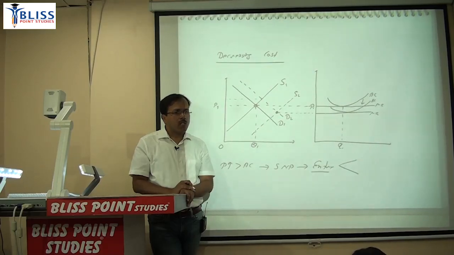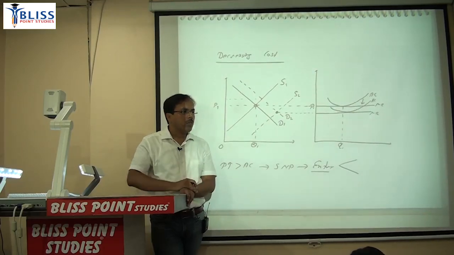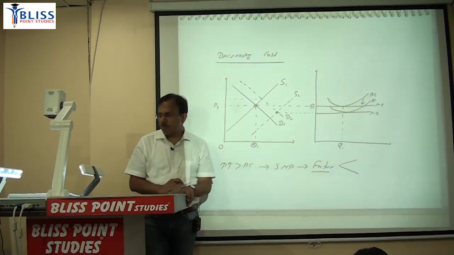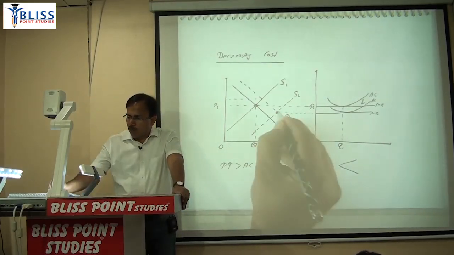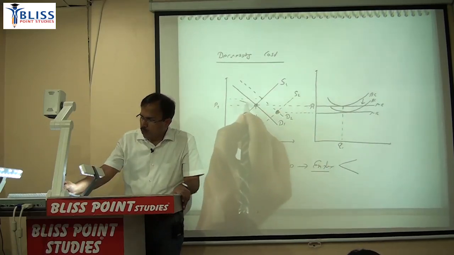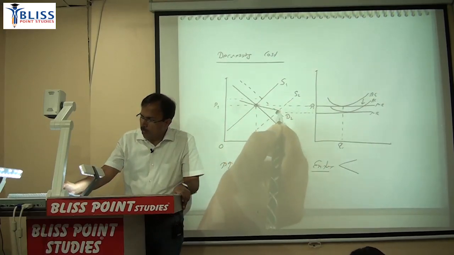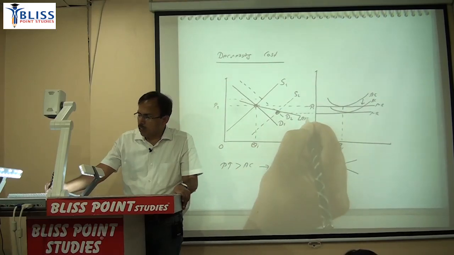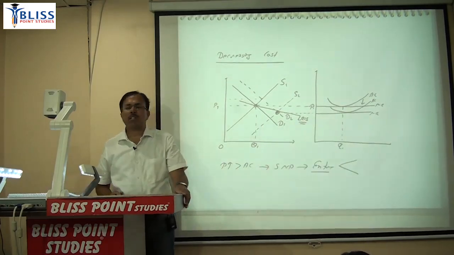Because even the existing firm will tend to produce more of the quantity because of cost reduction. And by joining first and last point you get long run industry supply curve. This is long run industry supply curve.